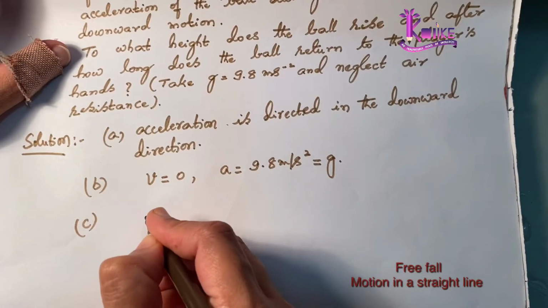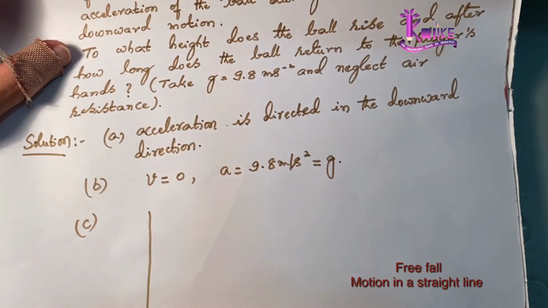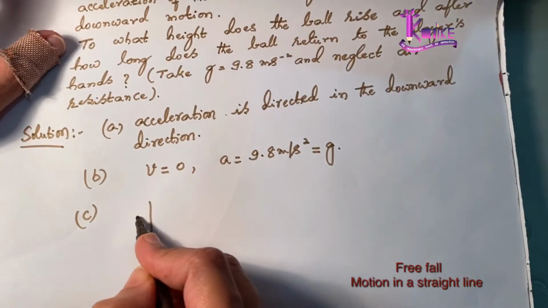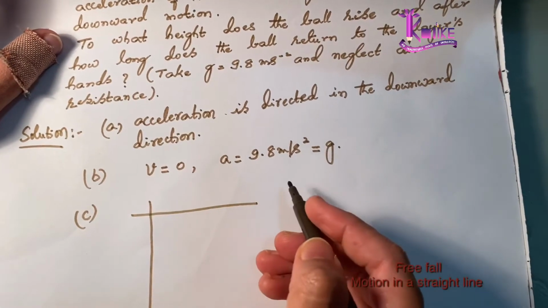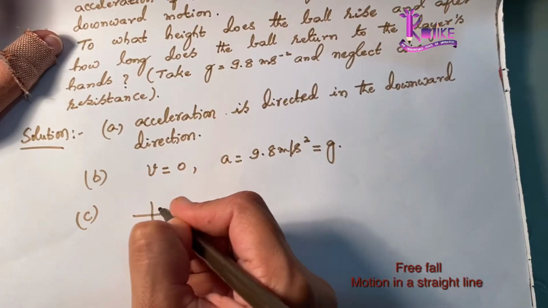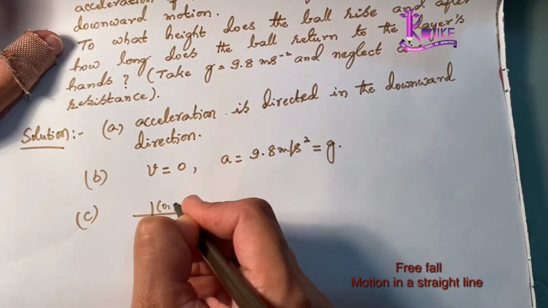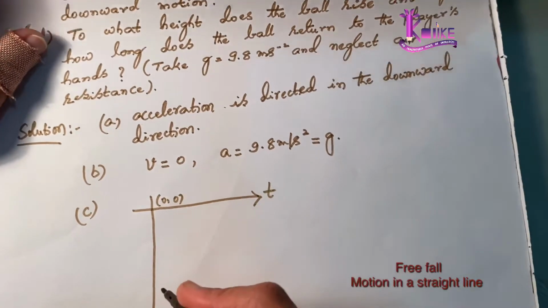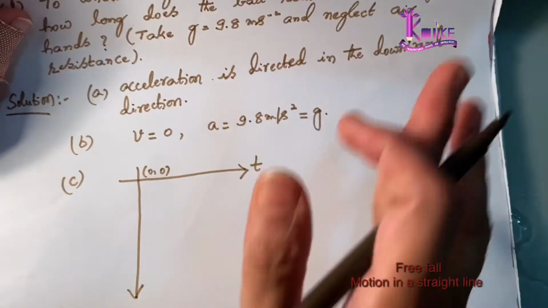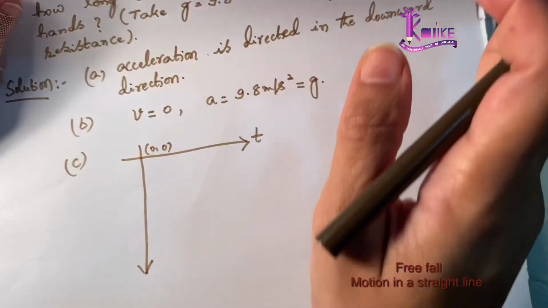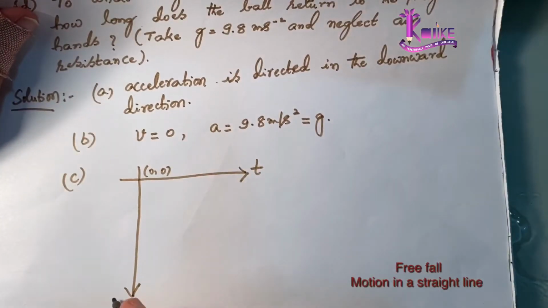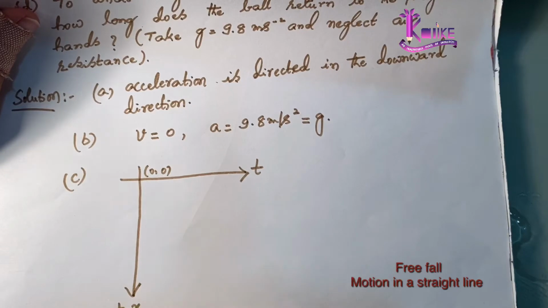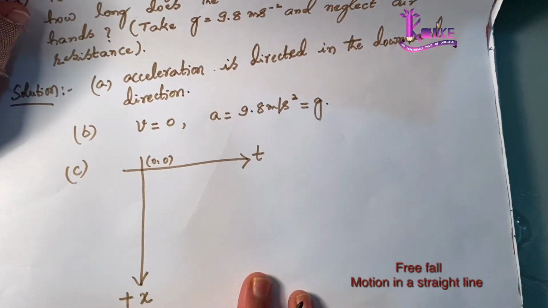Now it says that we have to assume the downward direction to be the positive direction. So here it is 0, 0. This becomes the time axis. We have been asked to assume that this is the positive x direction.